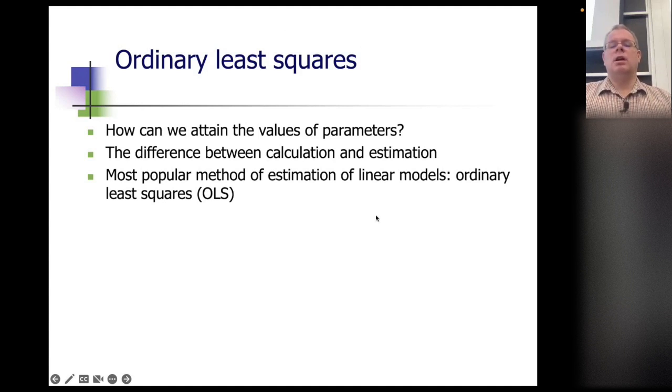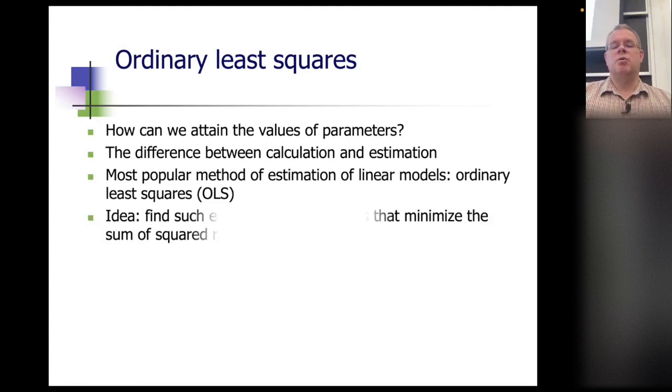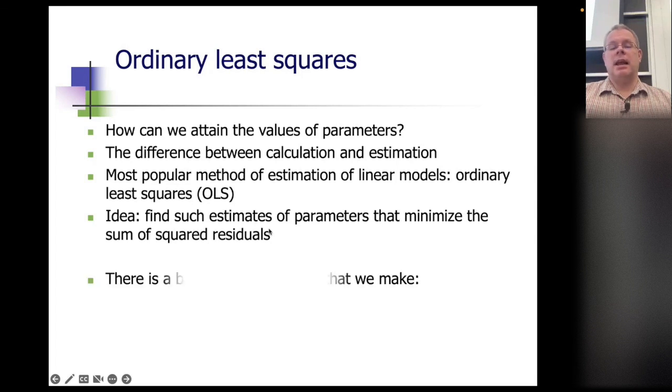So those ordinary squares approach consists in minimizing the sum of squared residuals, the sum of squared distances between the true and theoretical values of the dependent variables. That's the idea, as you can see in the slide, and there's a bunch of assumptions that we need to make for that to work.